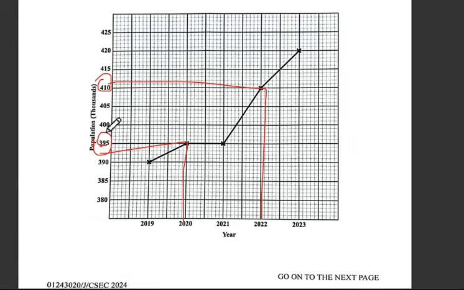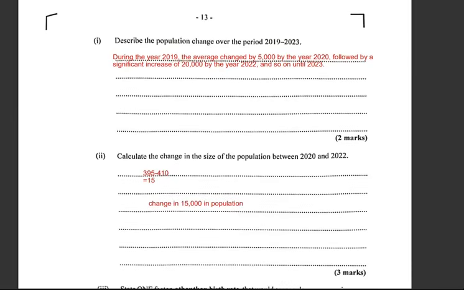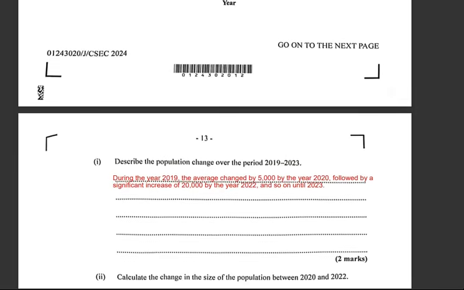And from 400 to 405 we have, let me see here, 395 to 400 would be 10,000, so we'd have 20,000 here.